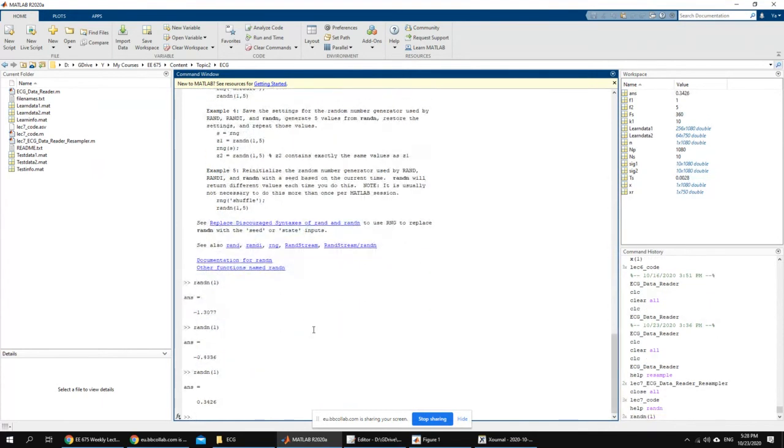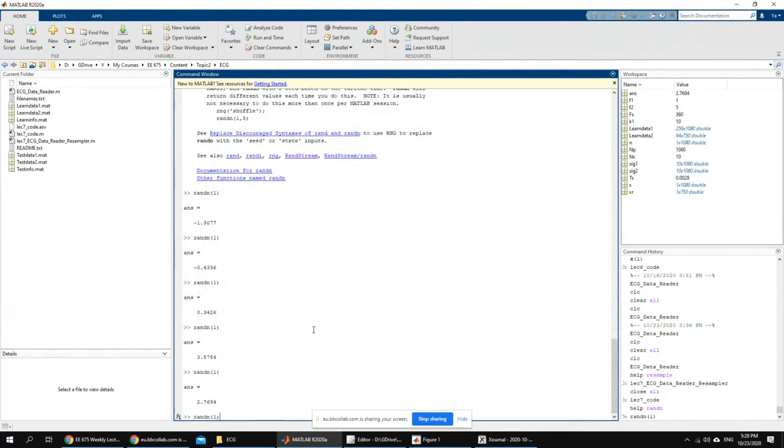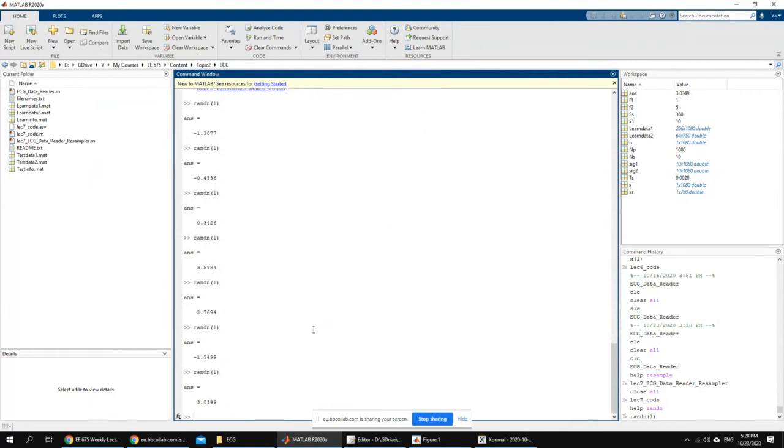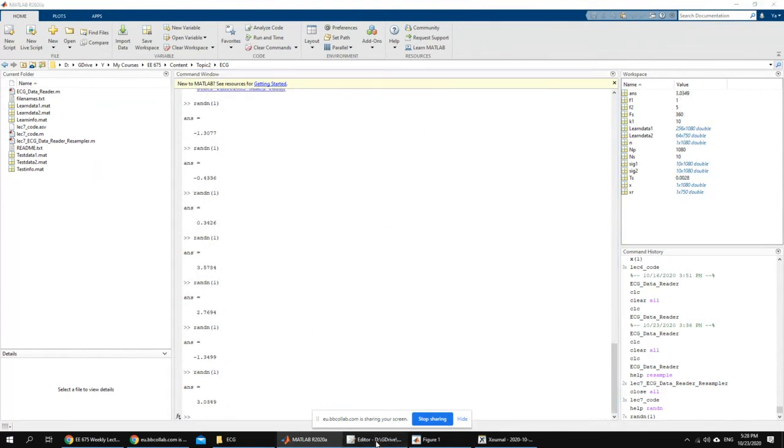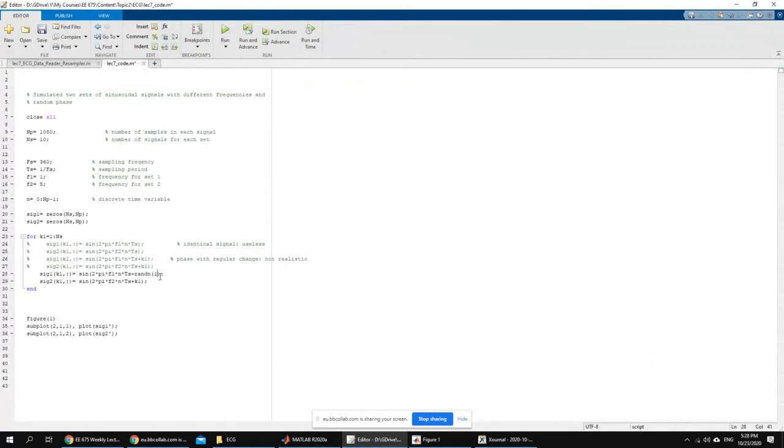Each time you call this function, it's going to give you a random number. That's it. So if I put randn of 1 here and randn of 1 here, it's going to give me a different phase for each one of these. Let's try that.